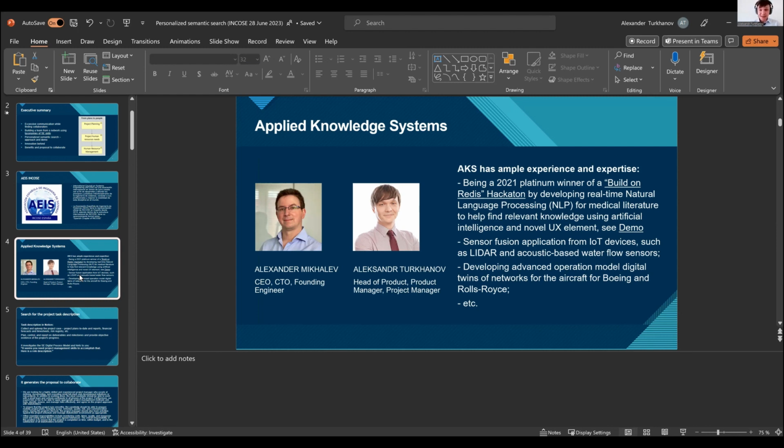Together with Alexander, we work at Applied Knowledge Systems. He's a founder, CTO, CEO, and founding engineer, and I'm a head of product, product manager, and project manager. A lot of titles for a small company, but that's very relevant because we are wearing many hats. And if you want to search for something, you do it differently from the perspective of a CEO or from the perspective of a project manager.